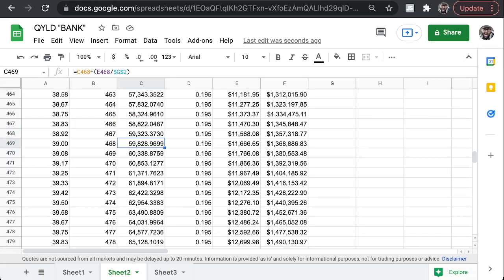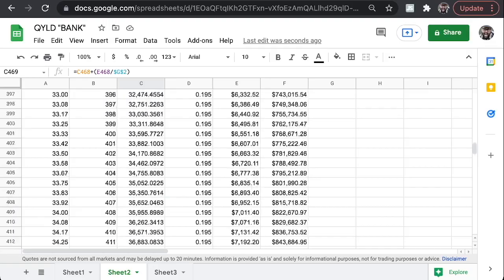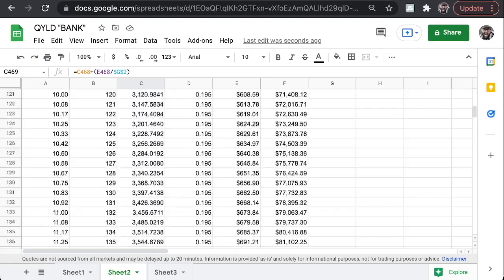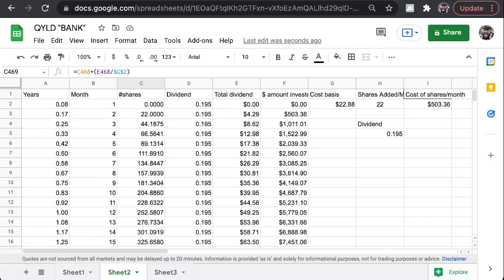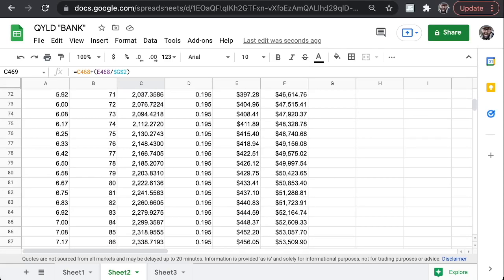So that's incredible. That is one reason I believe QYLD is so great. Once you hit the $400 a month and you never want to touch it again, never contribute any of your money into your Roth IRA and just let QYLD keep doing its thing, you will retire with so much money.